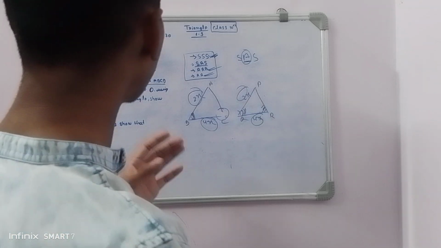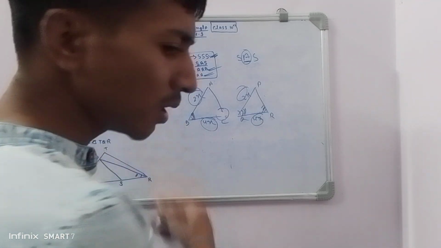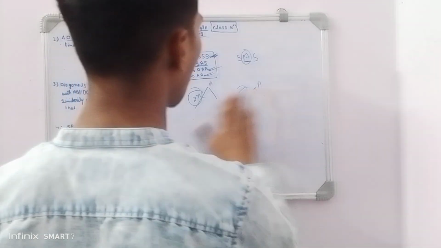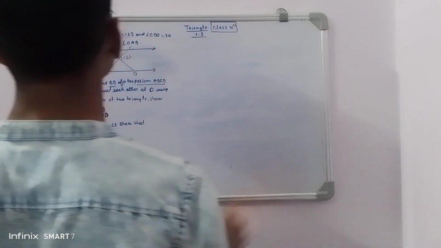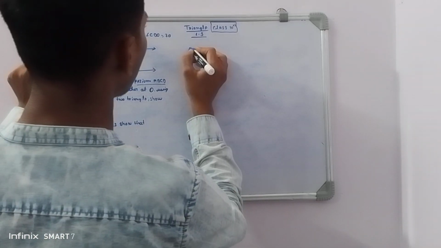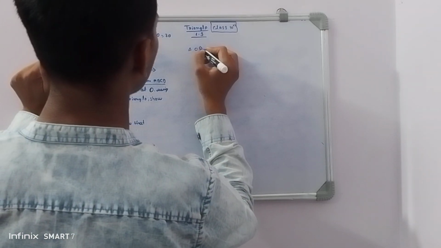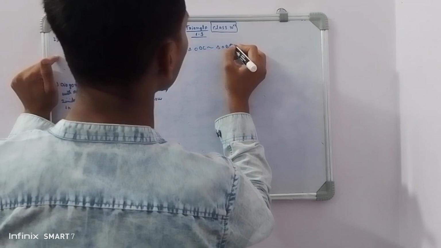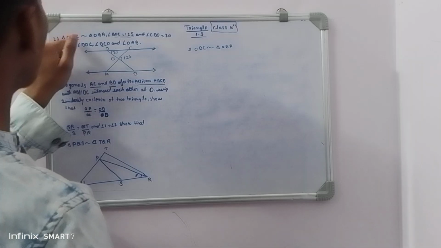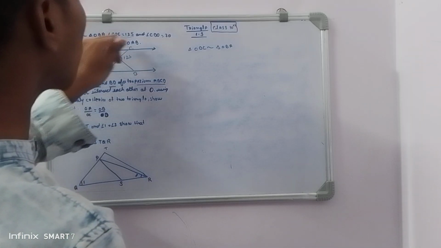Now I am going to move on to solving questions like this one, and then we have to solve this exercise. Now how will you solve it? We are given that triangle ODC is similar to triangle OBA.